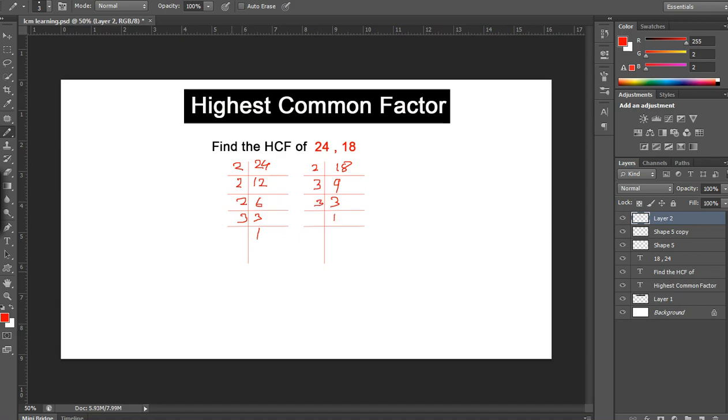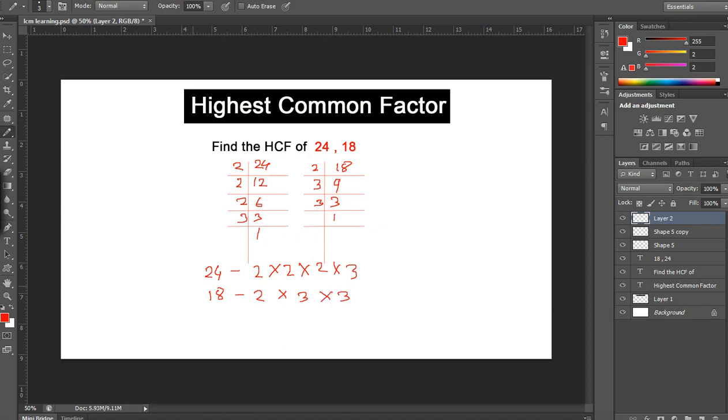Now for 24, you have to write 2 into 2 into 2 into 3, and for 18, 2 into 3 into 3.